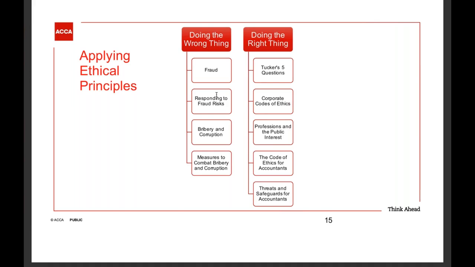Okay, next will be responding to fraud risks. Having a good internal control system can be a mechanism, one way for you to respond to this particular fraud risk. And the main type of wrongdoing is bribery and corruption.